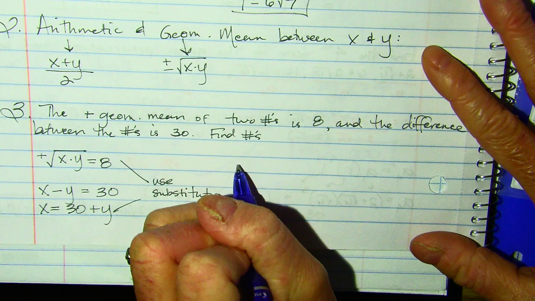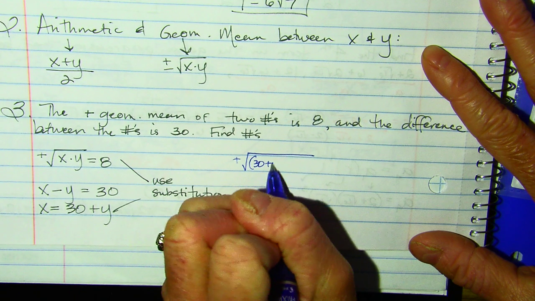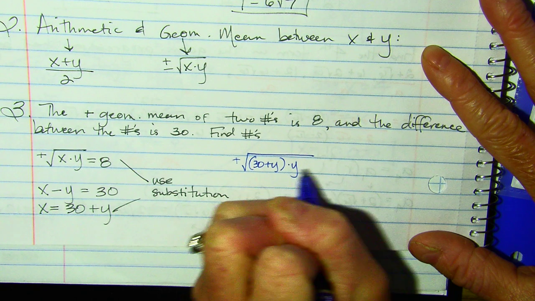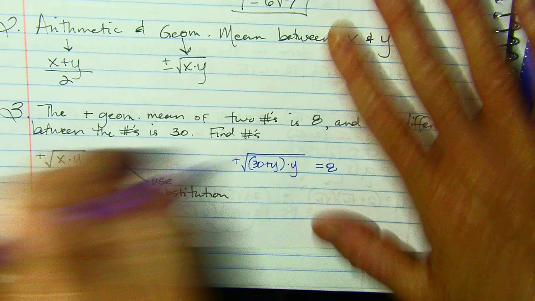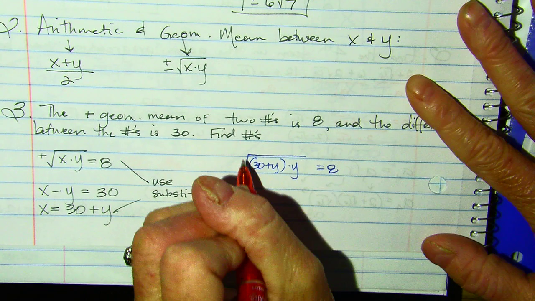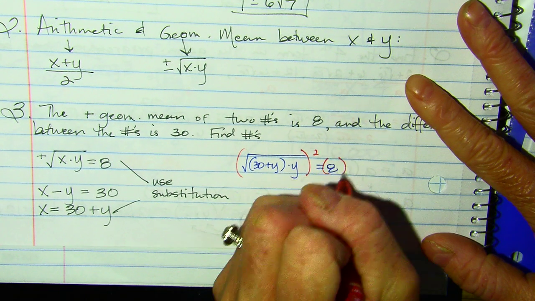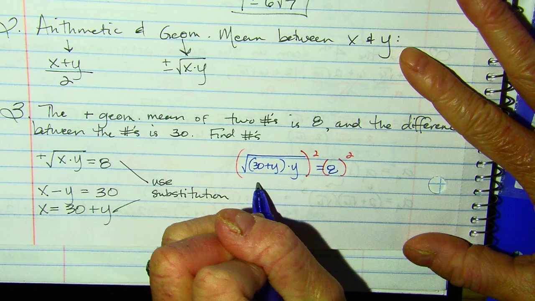So the positive square root, I know what x equals, of 30 plus y times y equals 8. Now to solve this, I don't need this positive, I would take the square root, and to get rid of that, I would square it.